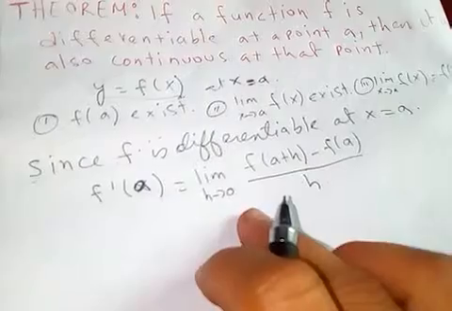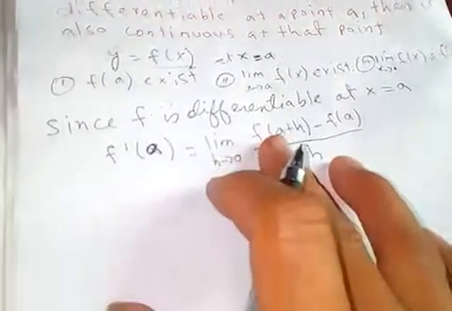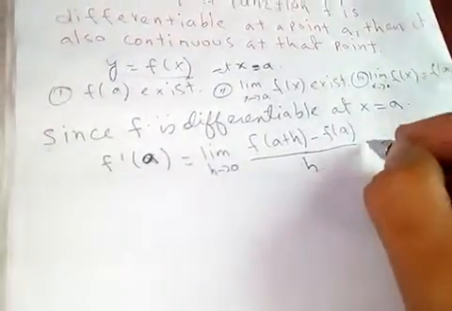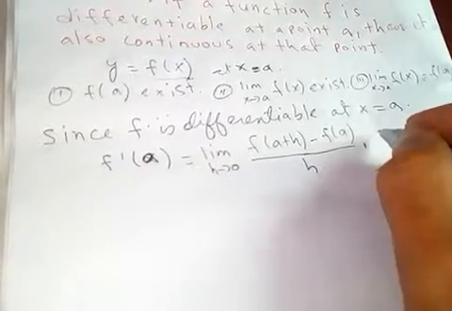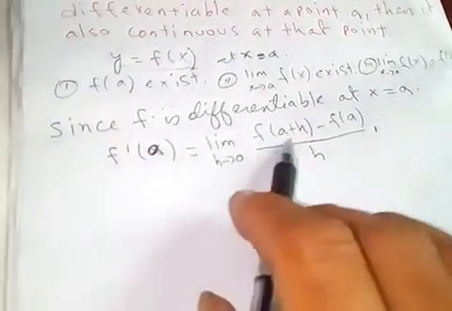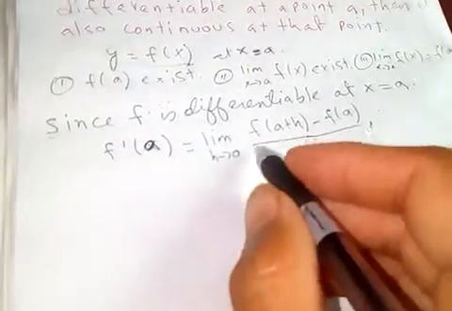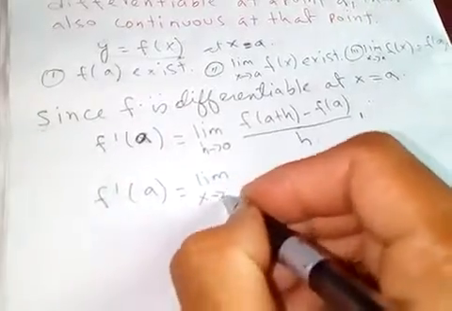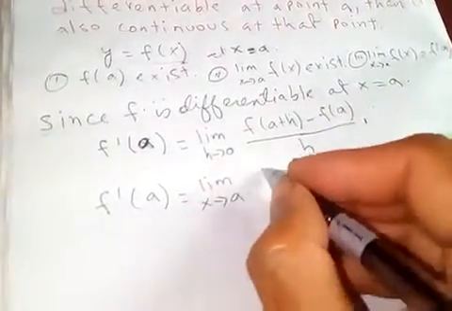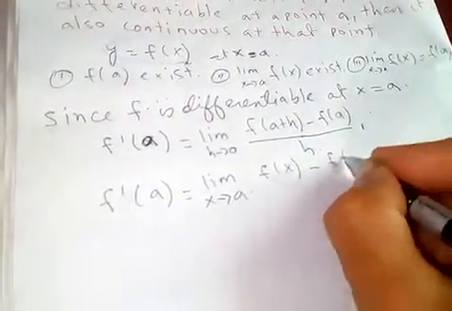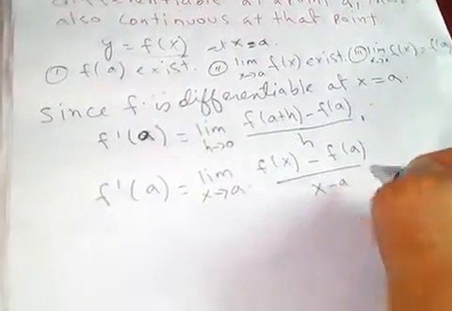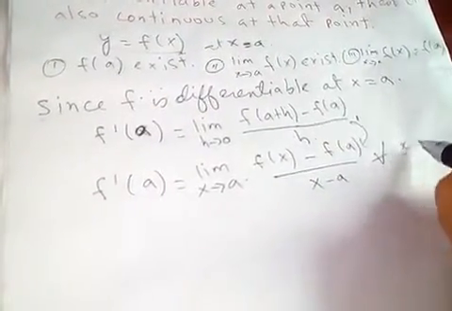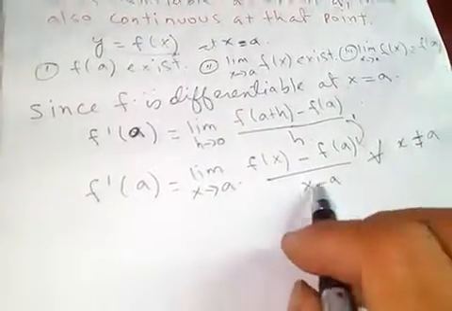This is the definition of differentiation. I can rewrite this as f dash of a equal to limit x tends to a of f of x minus f of a over x minus a, where x should not be equal to a.